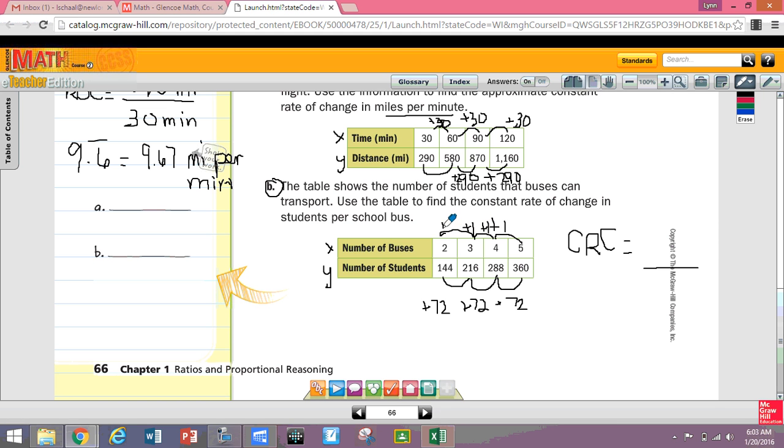So my constant rate of change is my change in y, which is 72 students, over 1, my change in x, bus. That would be my constant rate of change. My unit rate then would be 72 students per bus.